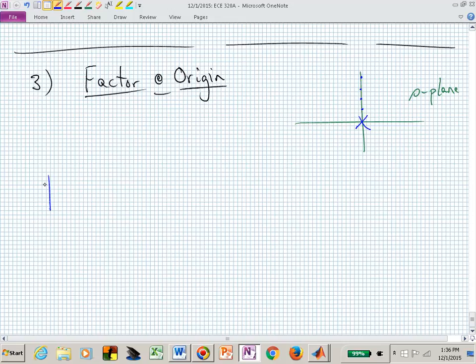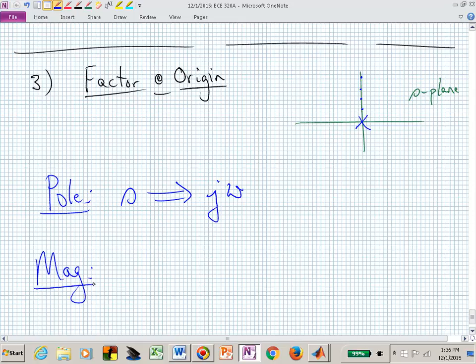Now that it's a pole, the s is going to become just j omega. What's the magnitude of this? It's 20 times the log of the absolute value of j omega. The j has a magnitude of 1, so it's 20 log of omega.